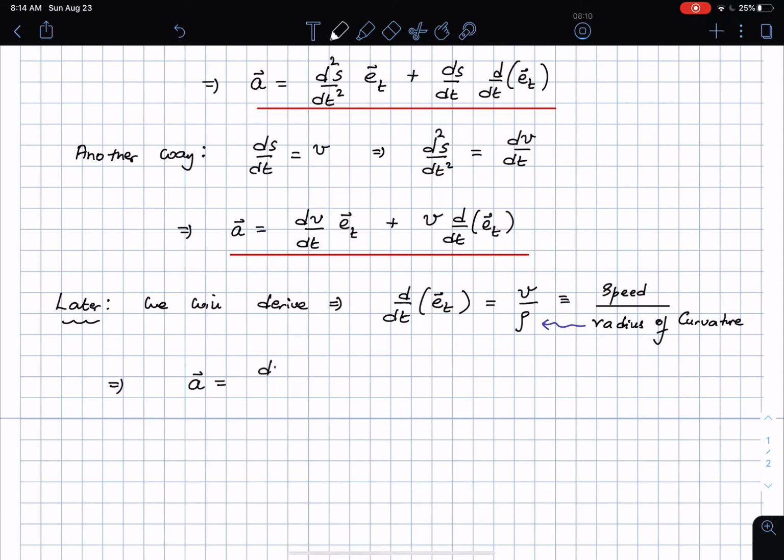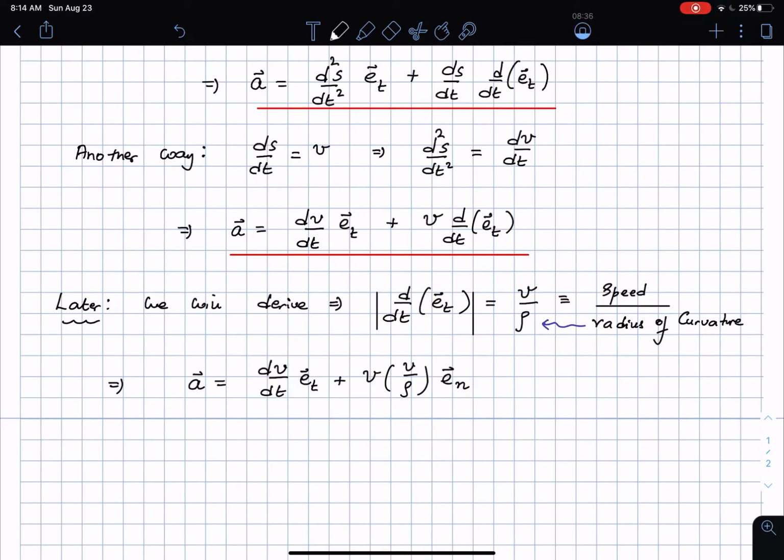in a much nicer form, we will obtain the acceleration A as dv by dt e_t plus v times v by rho. I'm sorry, I obtain the magnitude of this quantity as that. And the direction of that quantity, the rate of change of the unit vector, will be given as e_n, which is the unit vector normal to the tangential vector.